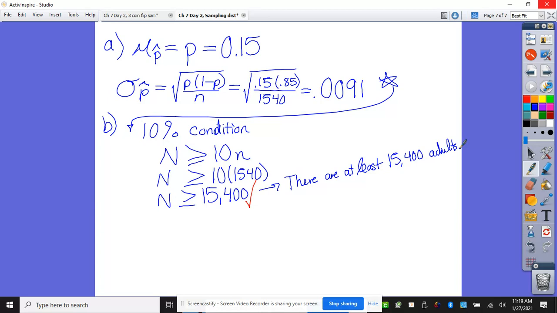So if it was something more specific than talking about all adults, like one of the airport problems. Alright, so I know what your question's going to be, so two scenarios here. One is they give you the population size, or you would write it right before there.